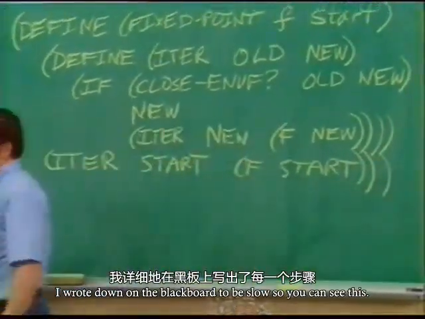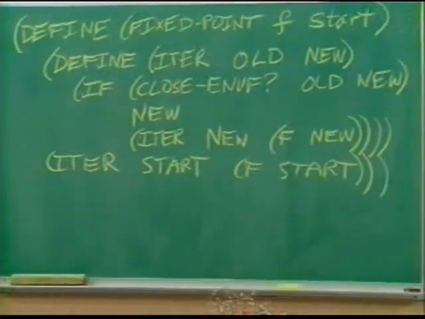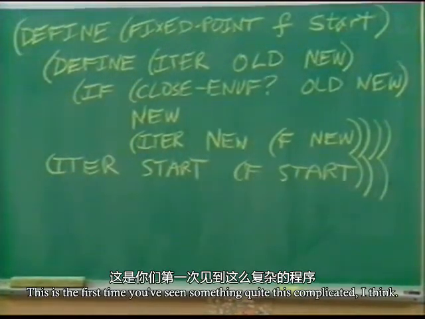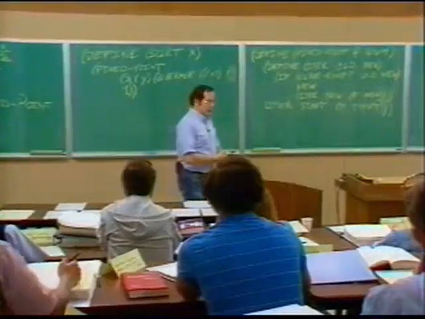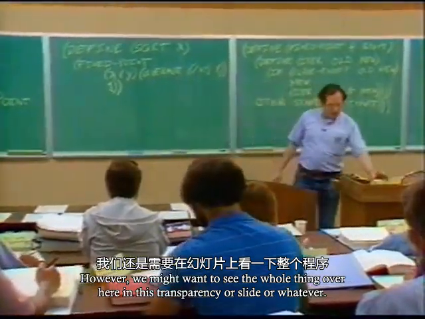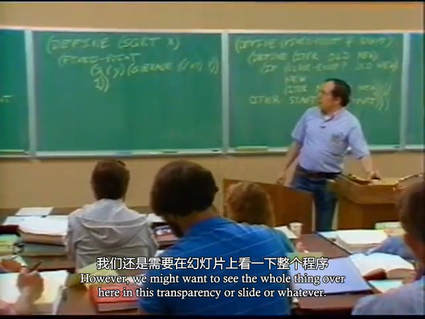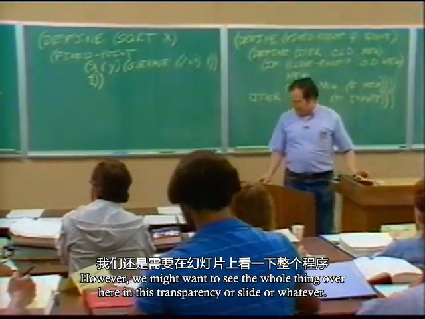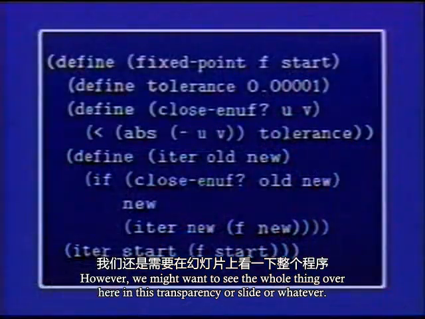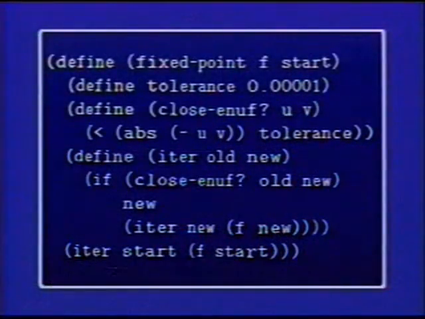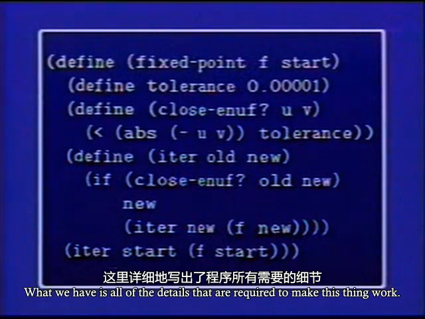Now I wrote that on the blackboard to be slow so you could see this. This is the first time you've seen something quite this complicated, I think. Okay. However, we might want to see the whole thing over here. In this transparency or slide, what we have is all of the details that are required to make this thing work.